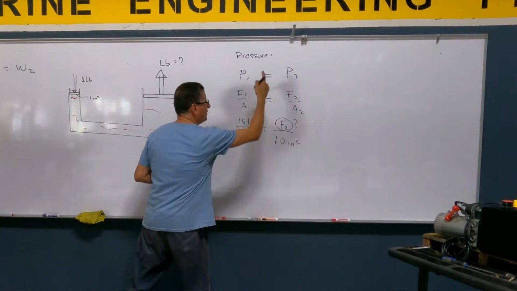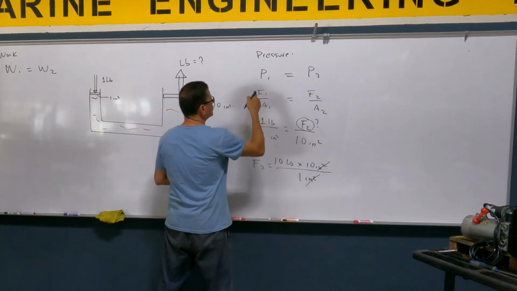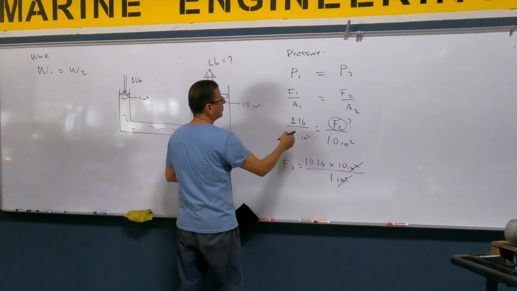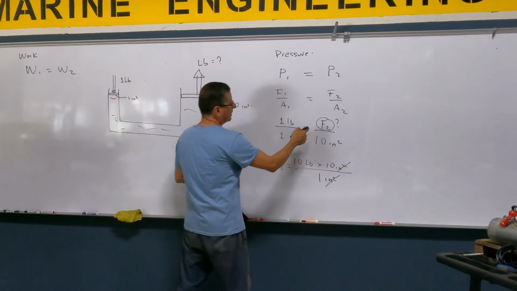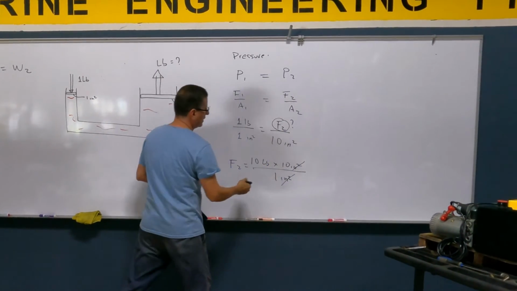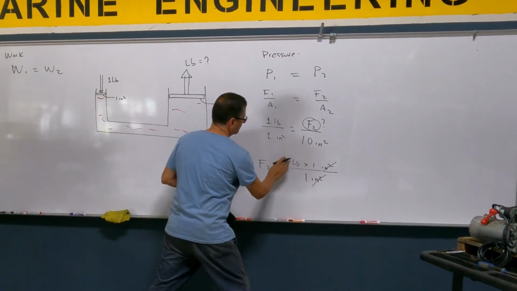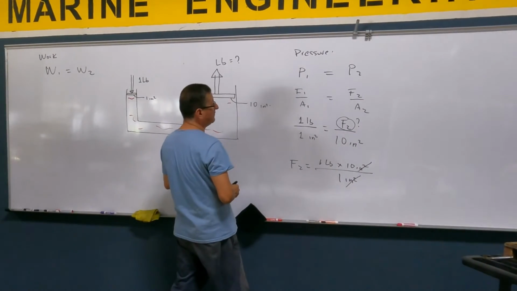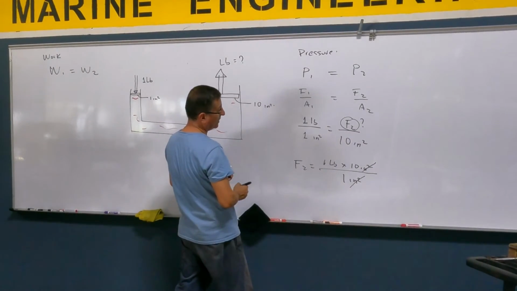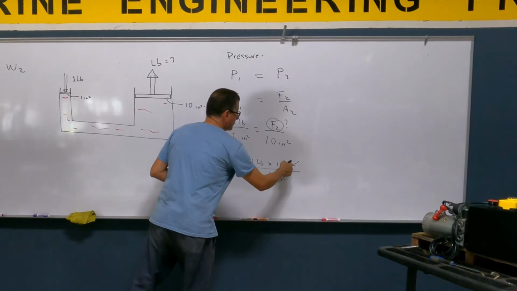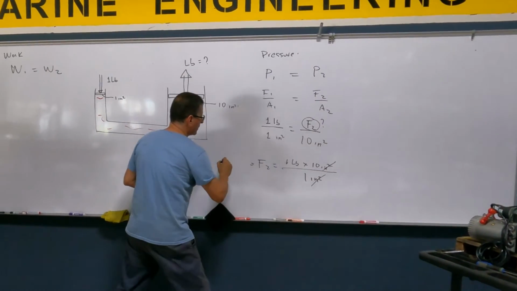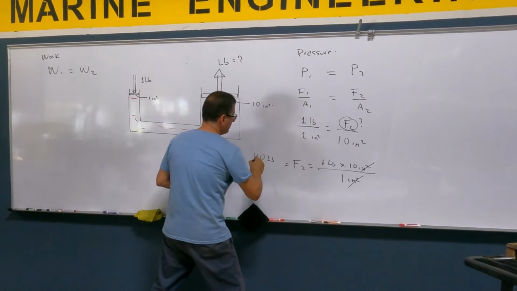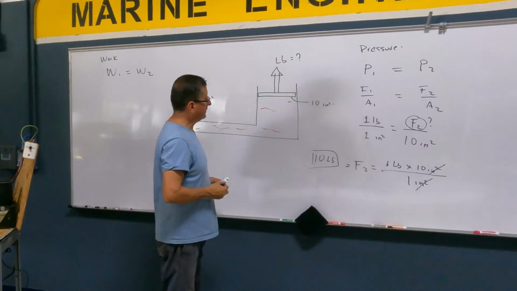Okay, I want to know what is the force number 2. Force number 1 is 1 pound. Area number 1 is 1 square inch. Area number 2 is 10. Okay, 1 pound times 10 square inches, divided by 1 square inch. Square inch with square inch cancel, and the force number 2 is 10 pounds. All right, perfect.